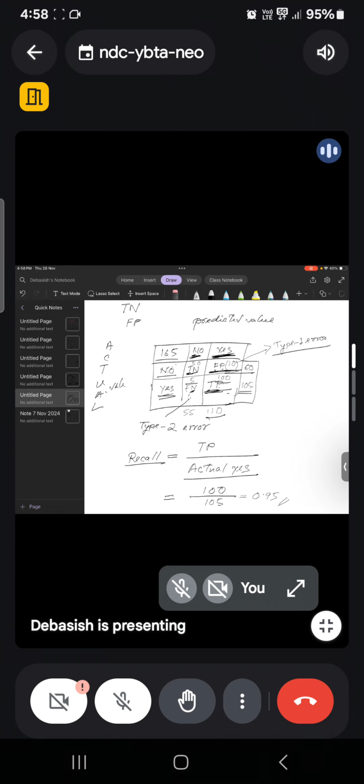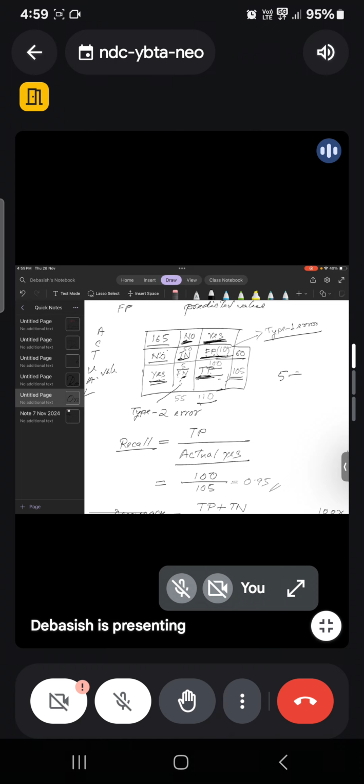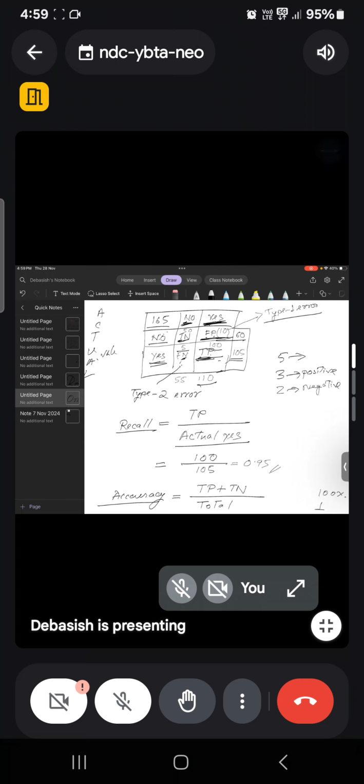Original value is 3, but our model is predicting 2. 5 people are there, 3 are positive, positive means they have the pox, and 2 are negative, they don't have the pox. Our model correctly declared that 2 are positive, and 3 are negative, our model said.